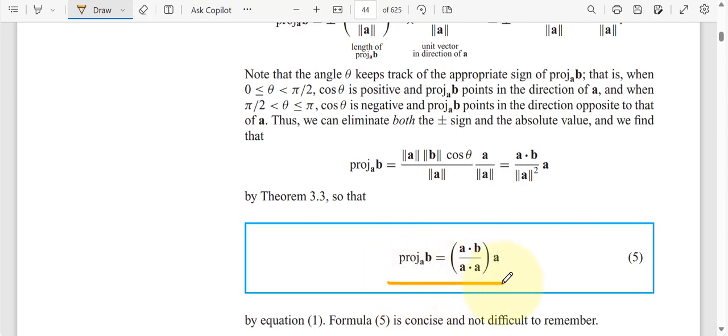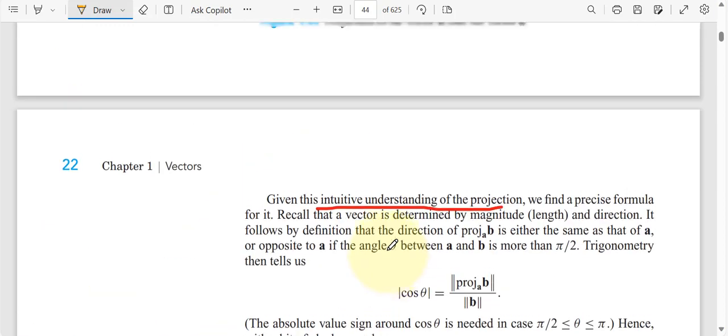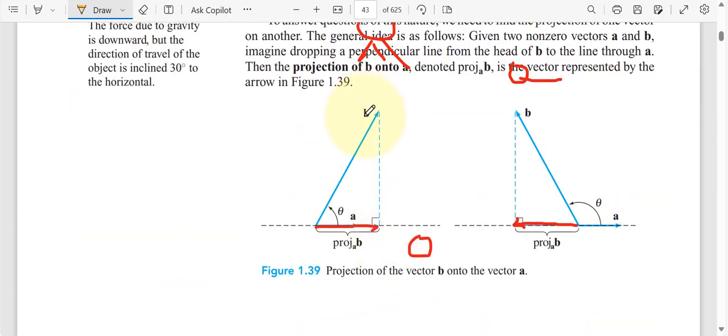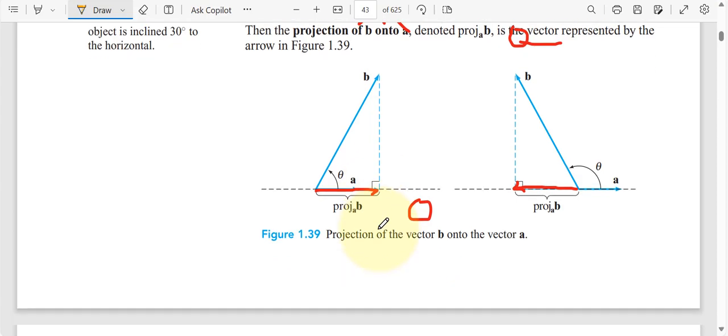It's a little hard to remember, but this is the formula for the projection of B onto A. So again, it's going to be a vector in the direction of A, and we also need to know the length of it. So we need to scale A by the length.